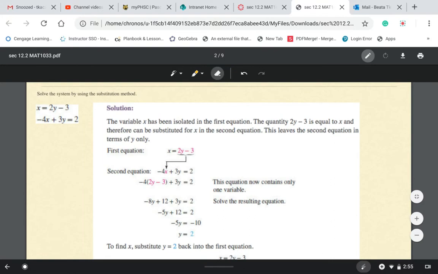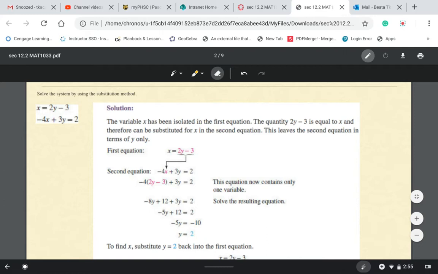What that means, look what happened. The first equation has been solved for x. So this is perfect. Don't forget that when you're solving a system of equations, you find the point of intersection. That point, which has an x coordinate and a y coordinate, belongs to two straight lines.